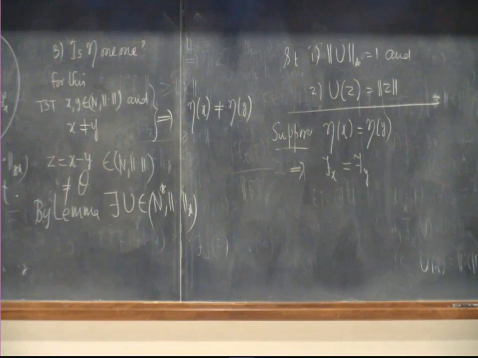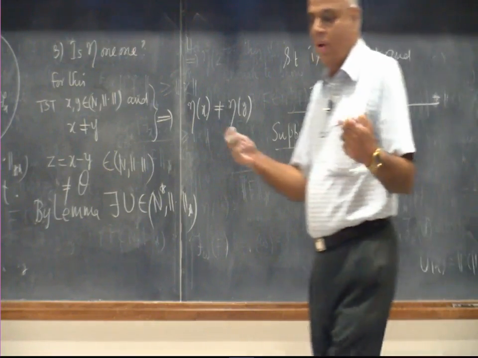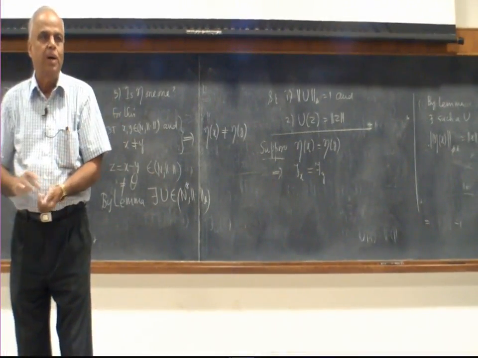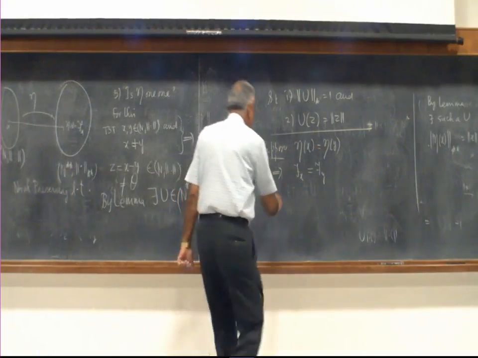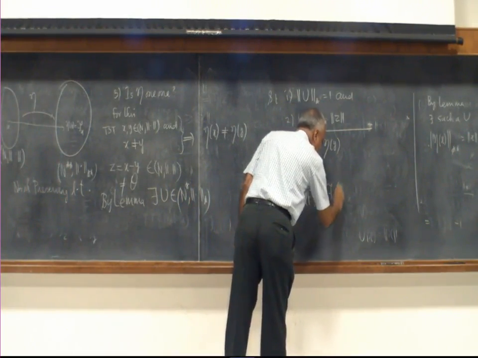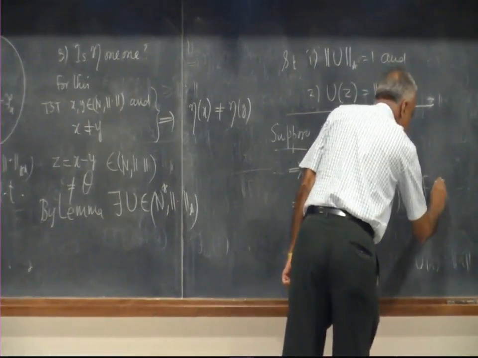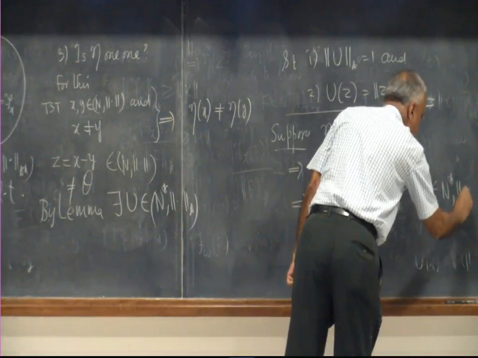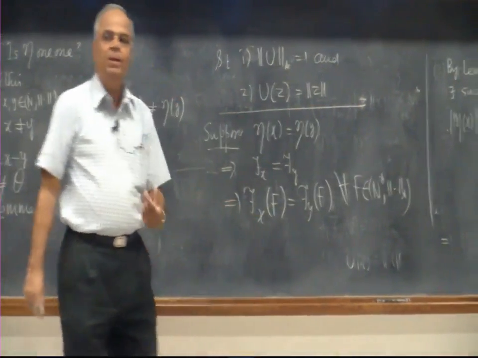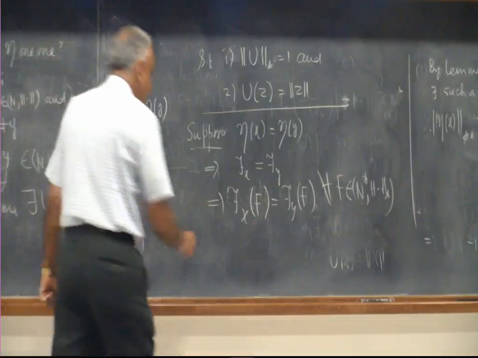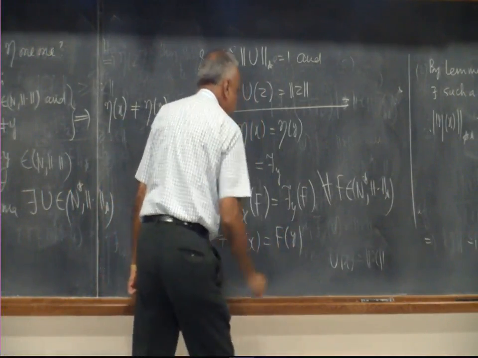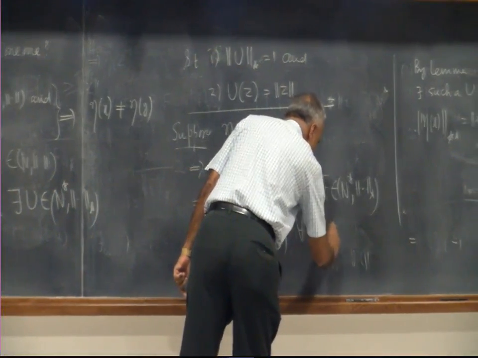If Fx equals Fy, these are two functions acting on N star, they are the same, therefore their values at every point must be the same, for every f in N star. But what is the definition of Fx of f? It is f of x. So f of x equals f of y for every f in N star.